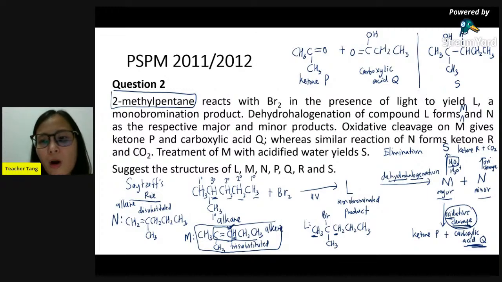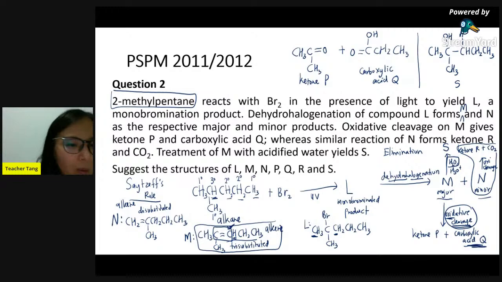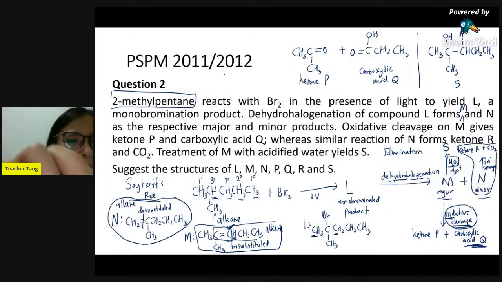Then now we move on to look at the oxidative cleavage of N. N is also an alkene. Oxidative cleavage breaks the carbon-carbon double bond. When you break it, you will get two products. C double bond O, CH3, CH2, CH2, CH3.